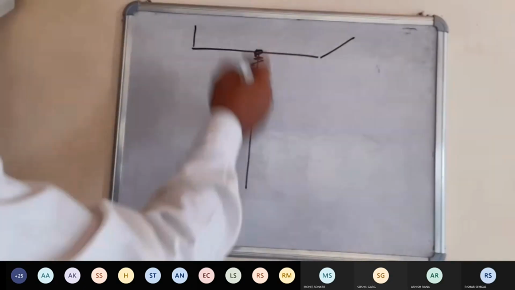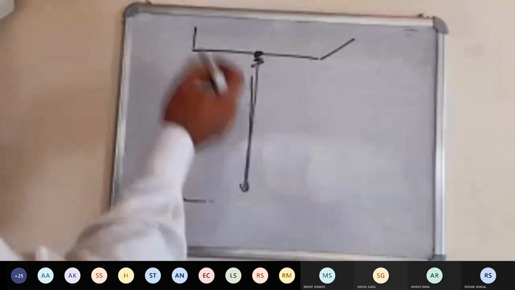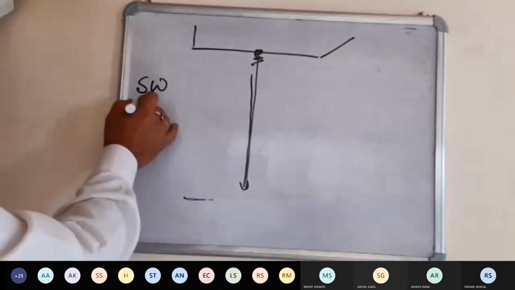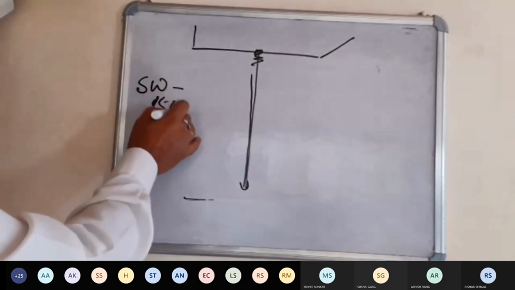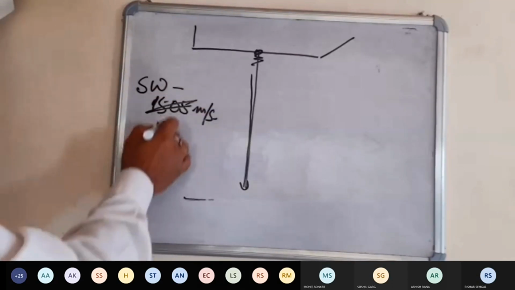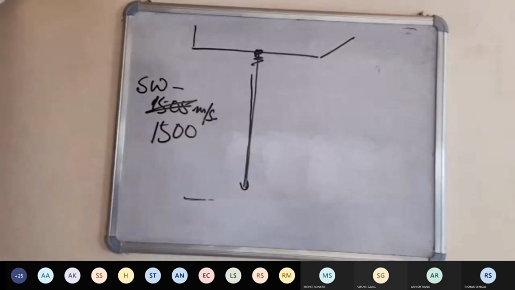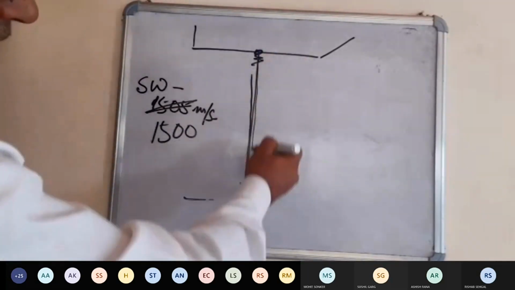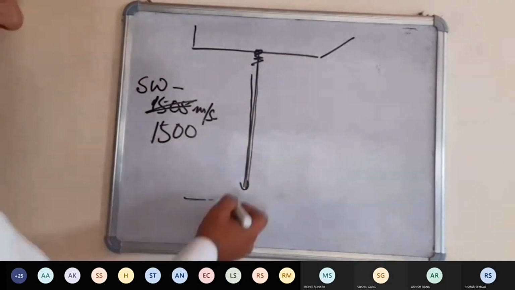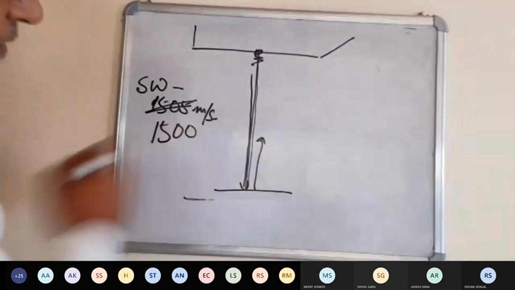This pulse which is transmitted travels at the speed of 1500 meter per second. In salt water the speed is 1505 meter per second, but we are taking it to be 1500. So the pulse is traveling at this speed and it gets reflected back.